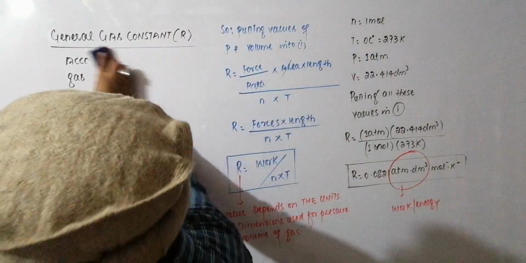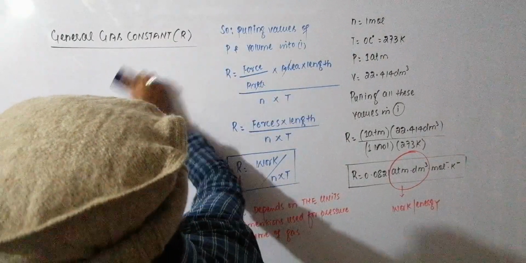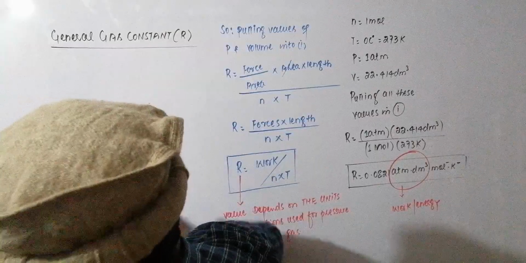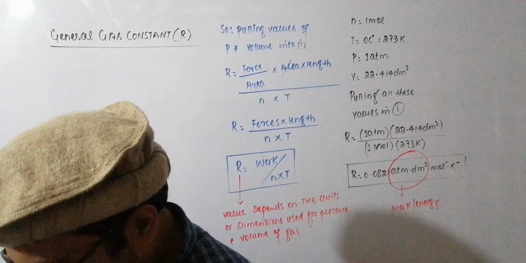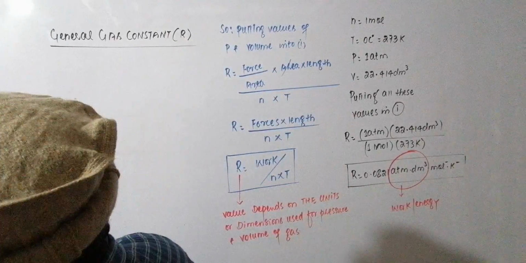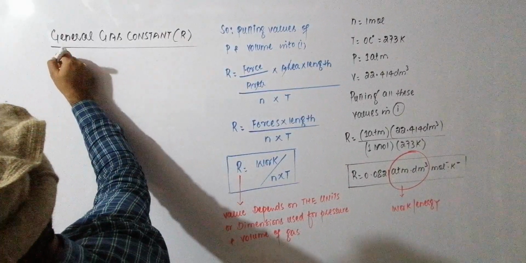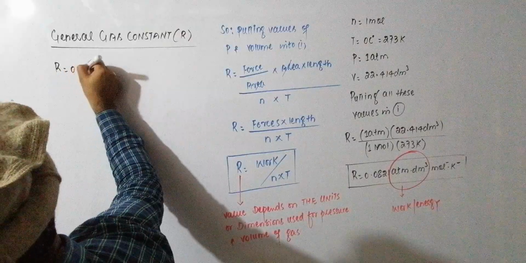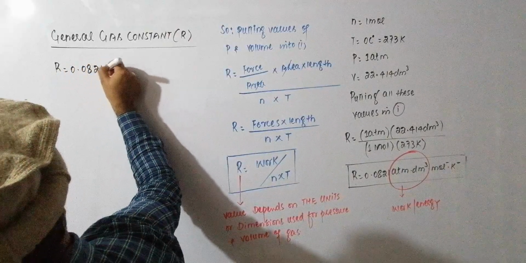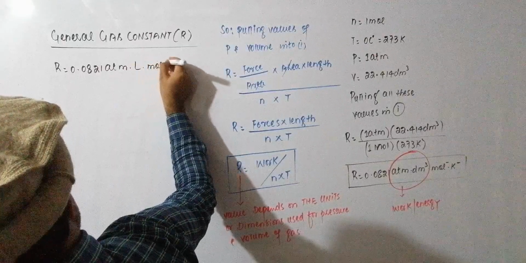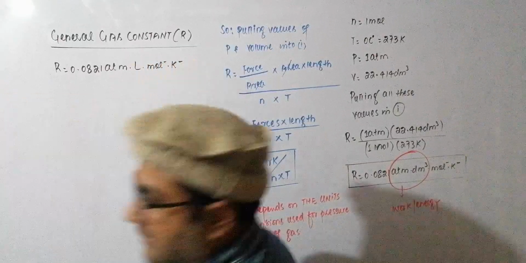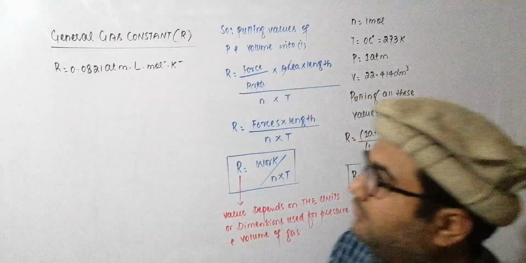Similarly, this can also be written as 0.0821 atm liter per mole per Kelvin, because liter and decimeter cube are both the same.